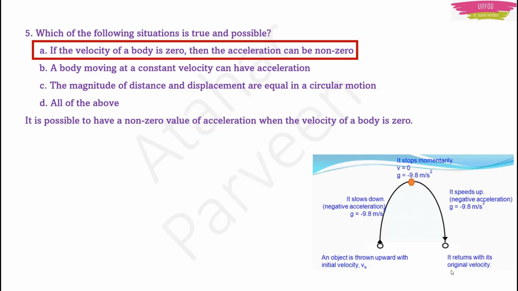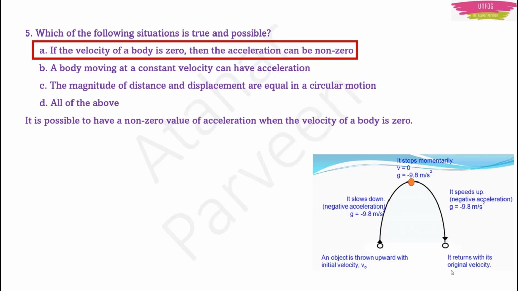What should be the situation? This is the situation. If you throw a ball, it will go up to one point, momentarily stop, and then come back. At that moment when the ball stopped for a millisecond, the velocity was 0, right? But was the acceleration 0? No, it was non-zero. Correct?